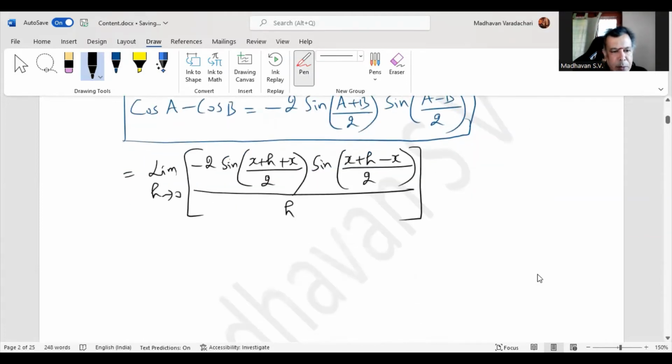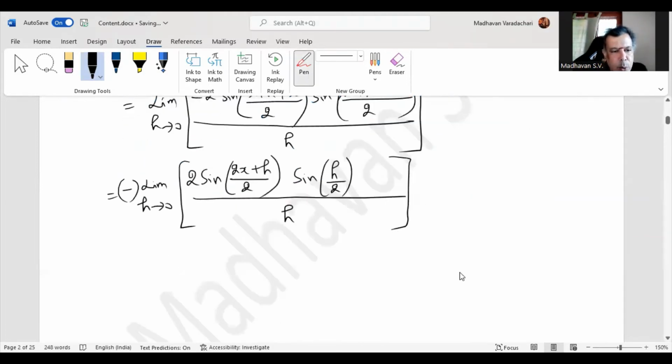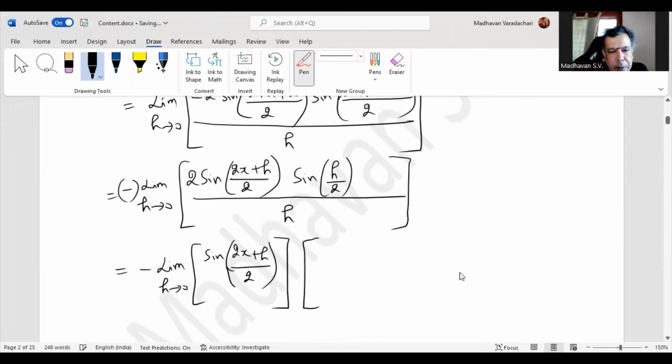So again we will be splitting it into two limits. One is negative limit h tends to 0 of sine of (2x plus h) divided by 2, that is one limit, and then another limit will be limit h tends to 0 of 2 times sine of h by 2 divided by h.